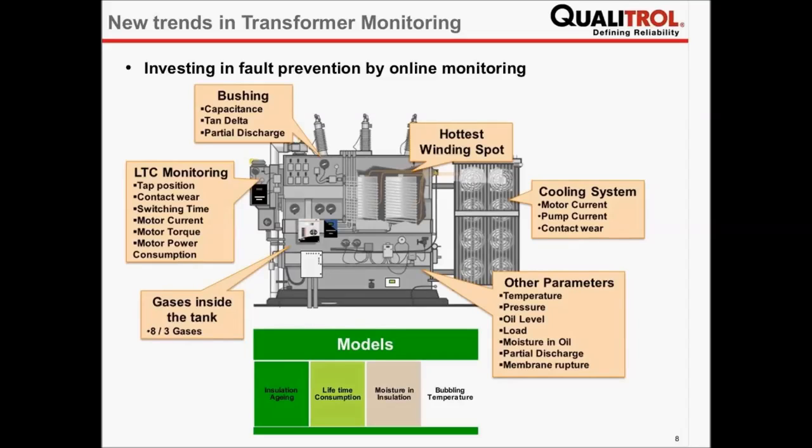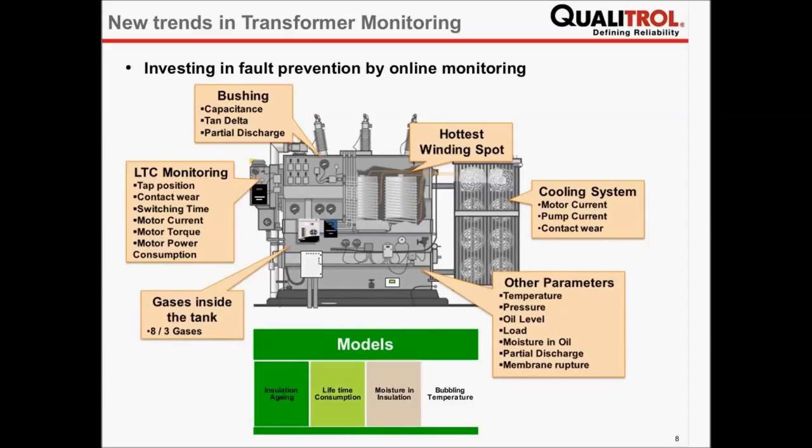On the LTC, they want to know if the tap positions are changing and what the change was. They want to know about the contact wear of the tap position of the LTC. They want to know the switching time, whether it is appropriate or whether there is any deviation in the switching time. They want to know whether the motor is working fine or as per the specification for the LTC.